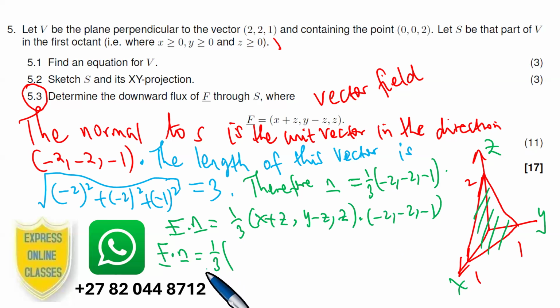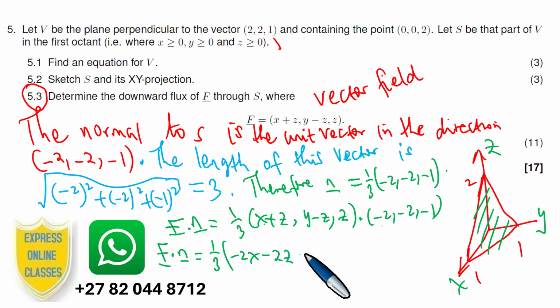So now what we are able to achieve here becomes exactly the following. You dot this and that. It becomes minus 2x minus 2z.